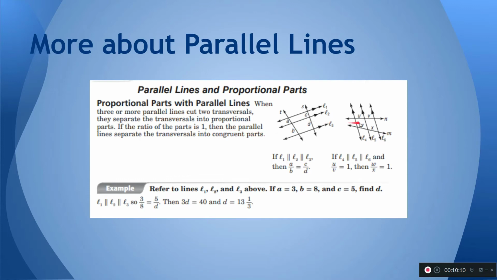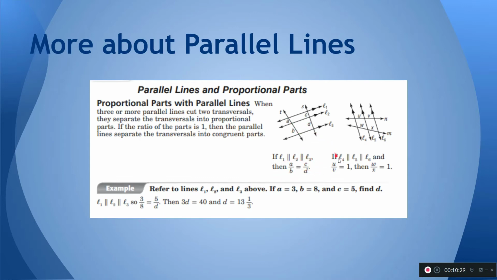If we look at our figures over here, it's asking you to look at line 1, 2, and 3, and see that they're parallel to each other. If you set up the proportion again, A over B equals C over D, then we have our proportion to be able to solve for the measurements.